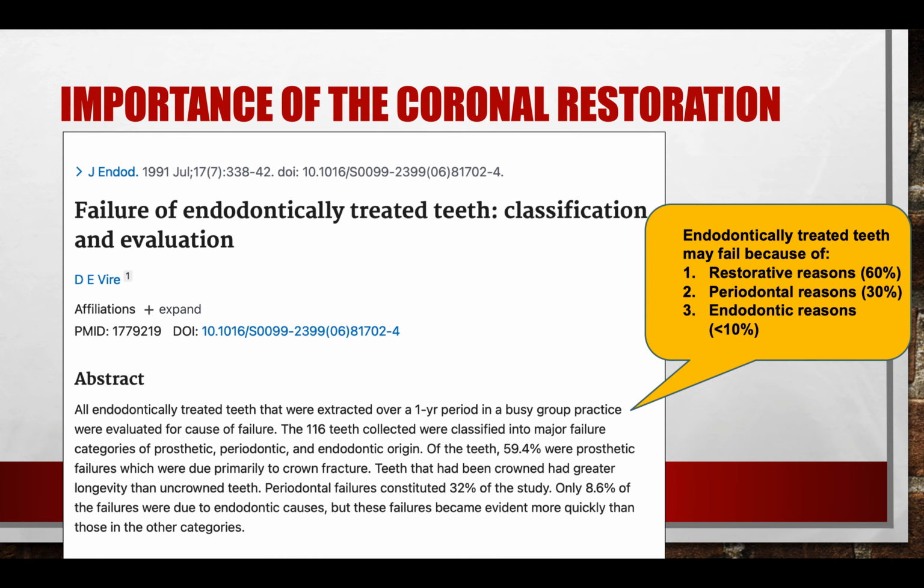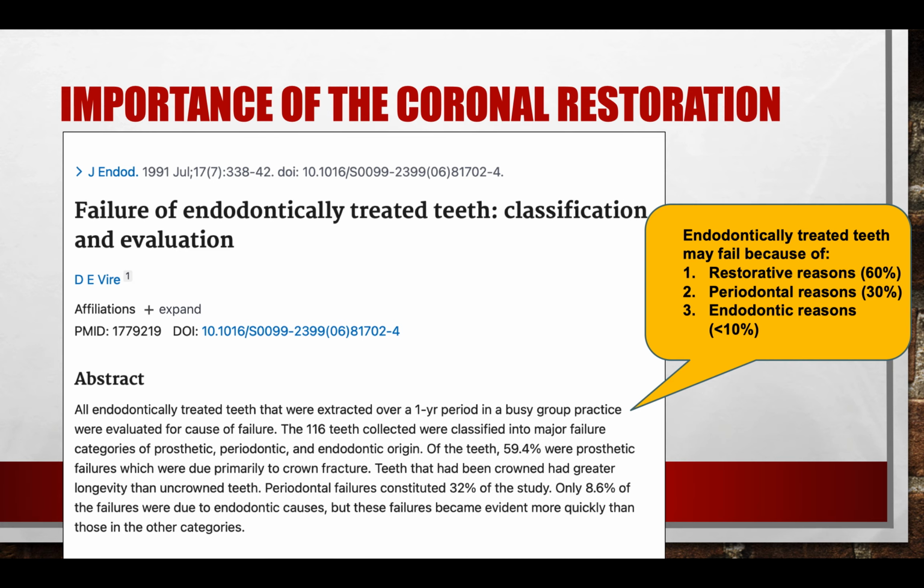Another study that highlighted the importance of the coronal restoration is a study by Weyer, who tried to find out the reason for extraction of endodontically treated teeth in different practices, and he found that the most critical factor to cause extraction for teeth after root canal treatment is restorative failures.